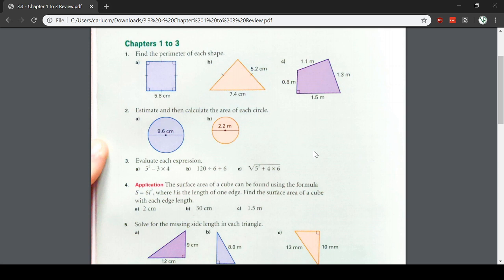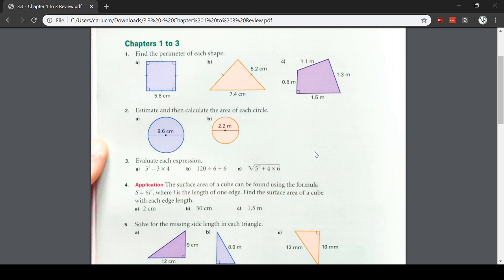Pi is 3.14, and r is the radius, or half the distance across the circle. Well, 9.6 is almost 10, so the radius is about 5. And 3.14 is about 3. So I'm going to say a good estimate would be 15 or 16 centimeters squared.